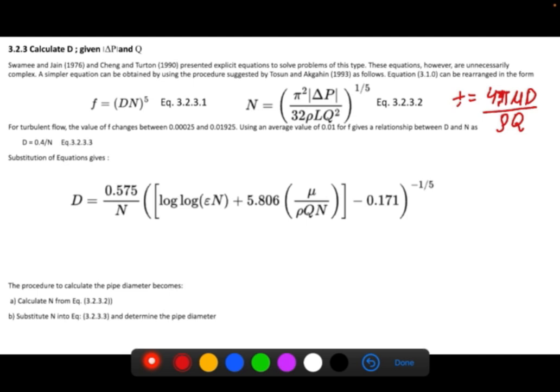Using an average value of 0.01 for F gives a relation between D and N as follows, which is D equals 0.4 N. Substituting this gives us the value of D in terms of epsilon, Q, rho and N. Epsilon, rho and Q are given to us in the problem, and N, as we calculated earlier, we get the value of D. So the procedure simply becomes calculation of N using the above equation, and substituting this value of N in the equation of D, we get the pipe diameter.